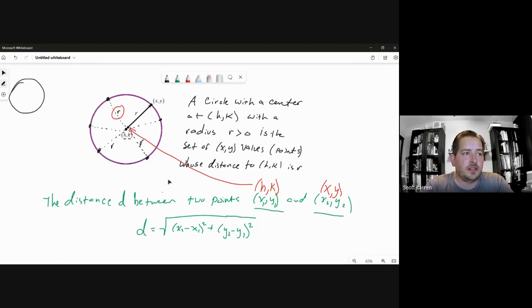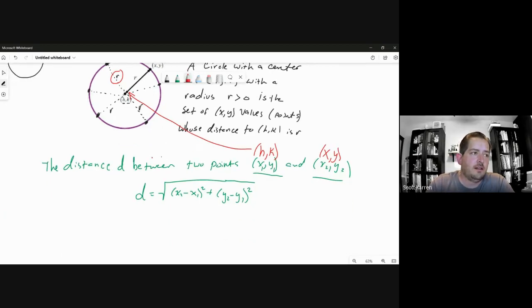If I replace all of those things in here, the distance is now r. X2 is replaced with a generic x, x1 is this particular h value, y2 is replaced with a generic y, minus y1, which is replaced with k. And I square root it.